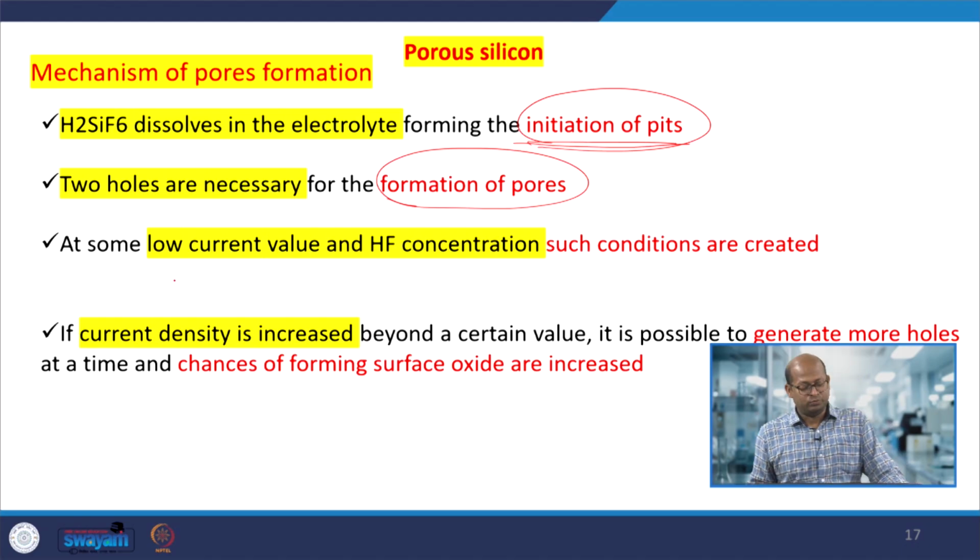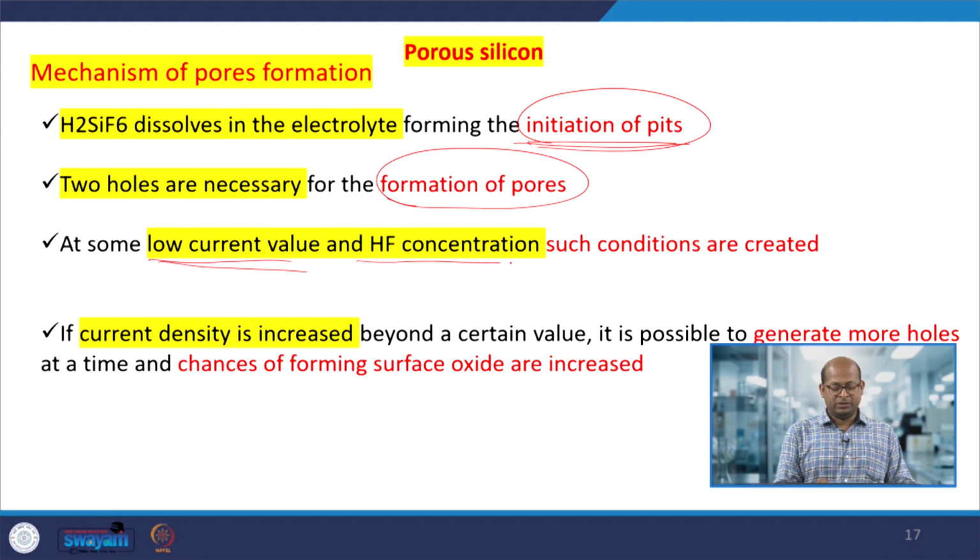Then for these pore formations, the things we can control are the current and the HF concentration: we can use low or high current in these electrochemical cells, and the HF concentration can also be controlled, either low or high. Depending upon that, pore structures will develop in the silicon material we have taken.